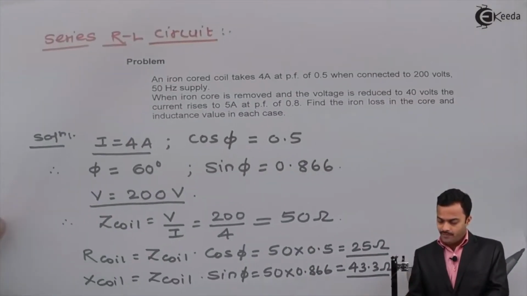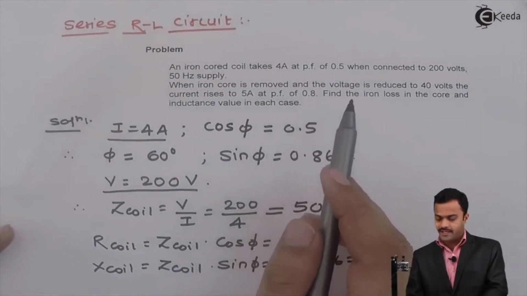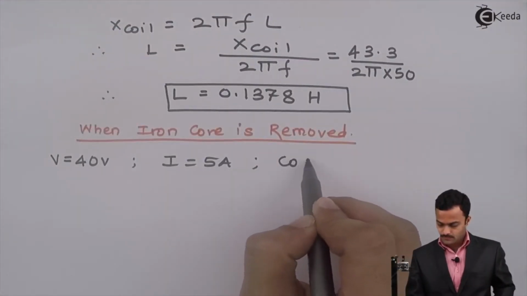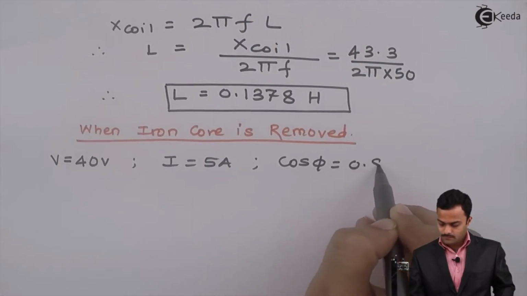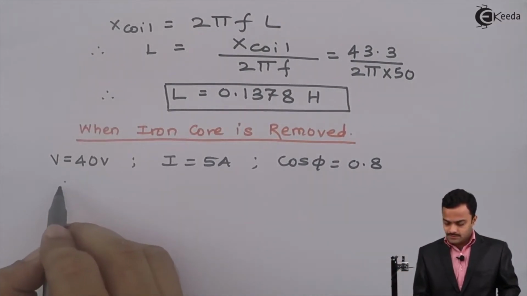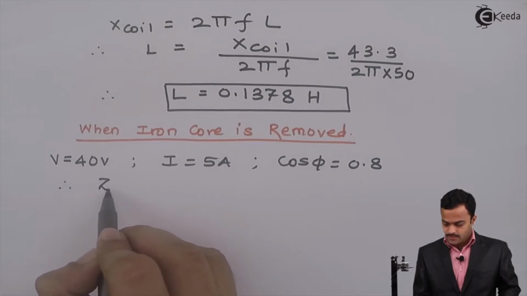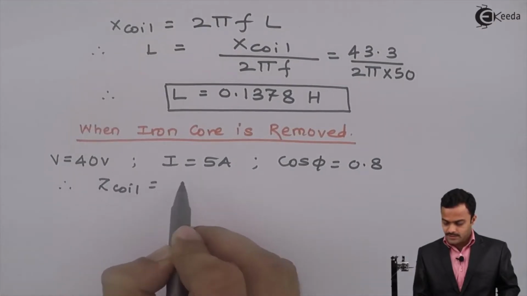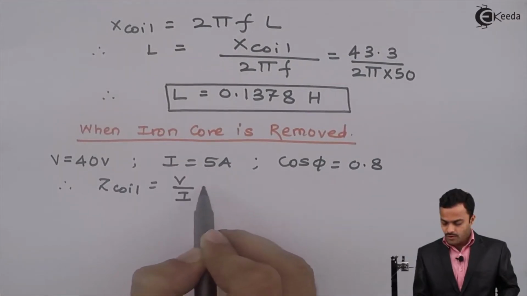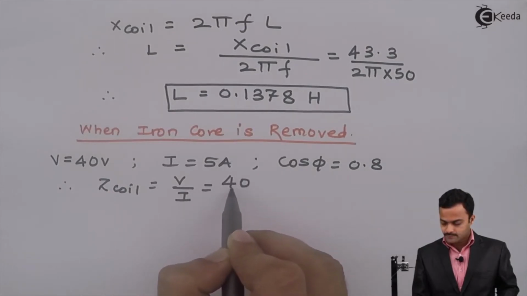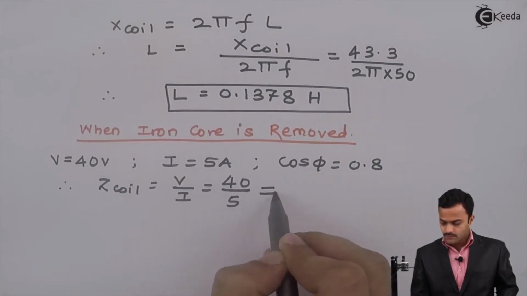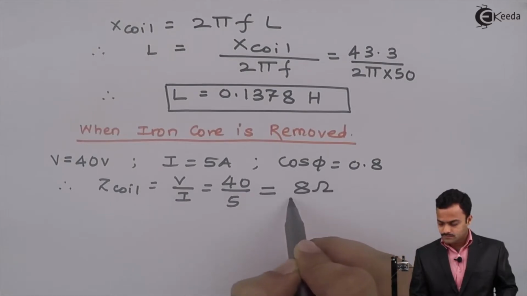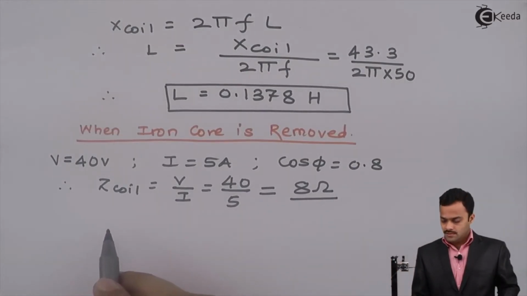And power factor of the coil will become 0.8. Again, I can get Z coil. This time it is 40 divided by 5, which is 8 ohm.